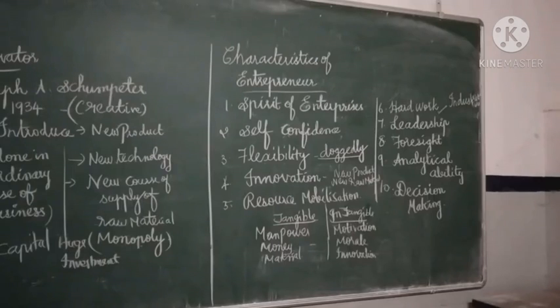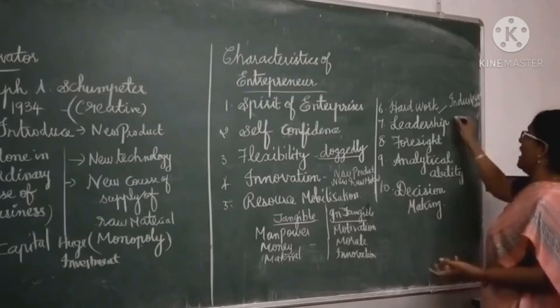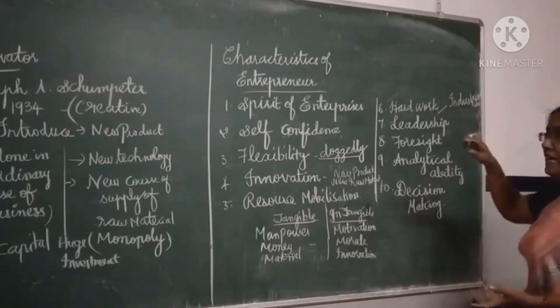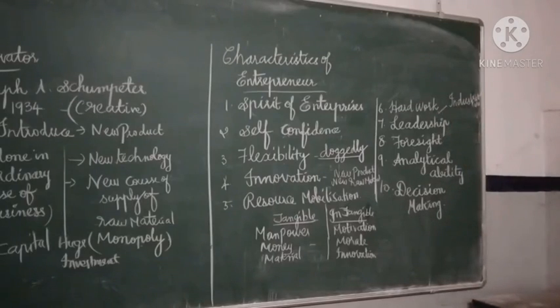Then, entrepreneurs should put in industrious, constant endeavors to accomplish the goals of the venture successfully. They have to courageously face uncertainty. He must have the courage to face uncertainty, risk bearing, and also constraints. Any constraints will come, business constraints. Everything will be faced by the entrepreneur without any frustration.